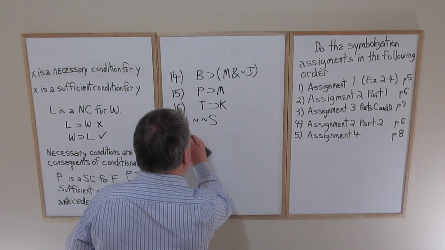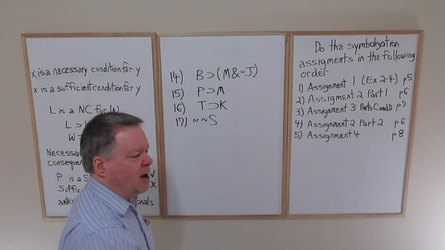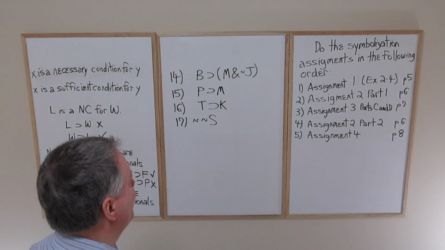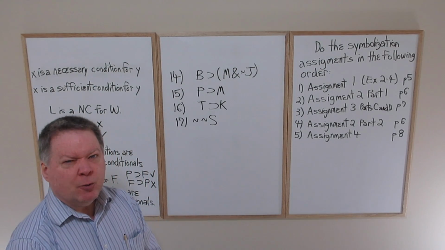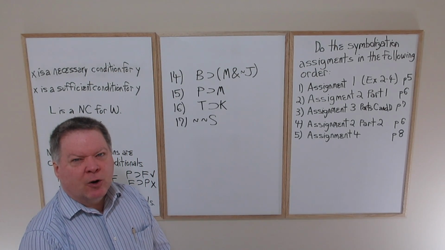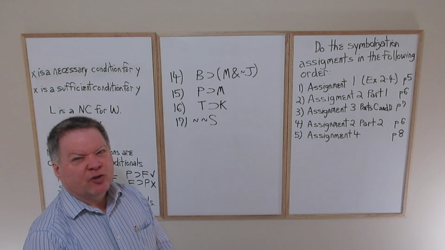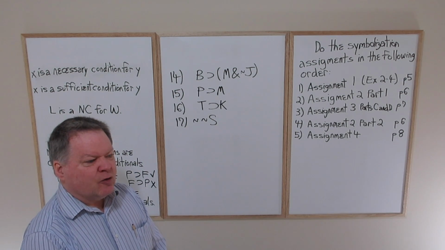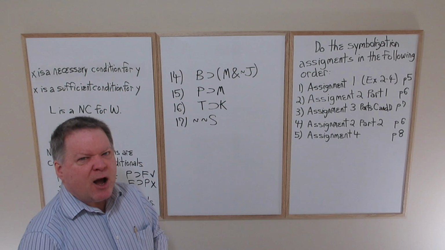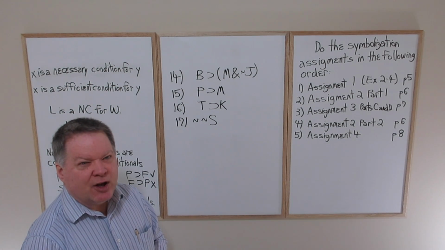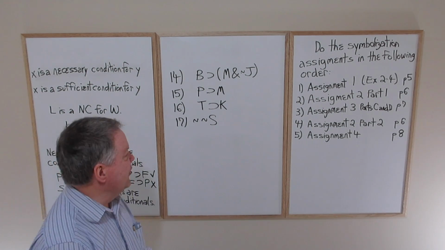One last thing to point out, shouldn't be a surprise. If you recall me saying earlier, what you need to do for symbolization is write out a correct symbolization of the sentence in English.